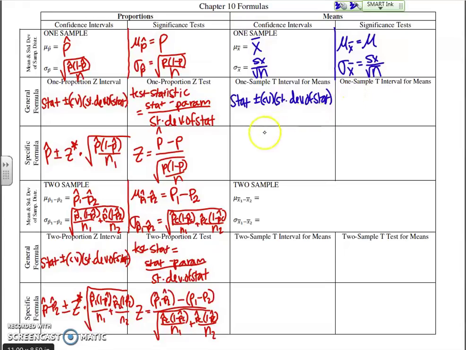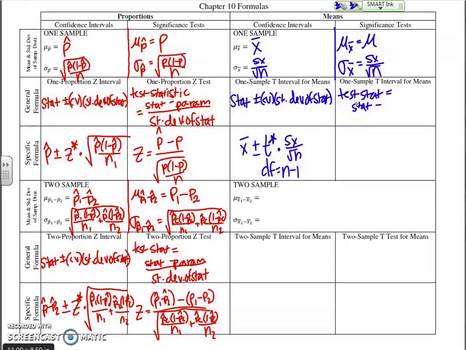So if I fill in those blanks, because we're dealing with means, the statistic is x bar, plus or minus, remember, because we use sample data, we have to use a t star, and then times s of x over the square root of n. And because of the t star, remember to also list your degrees of freedom, which is always the sample size minus 1.